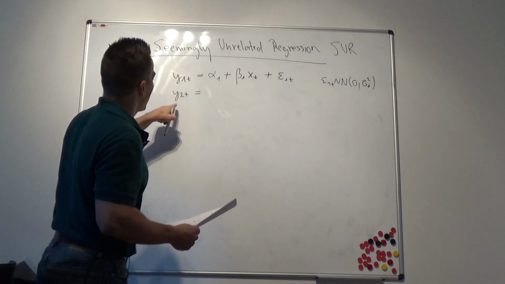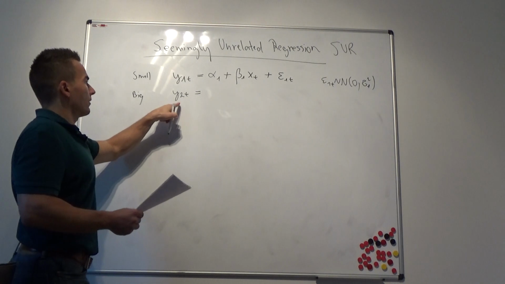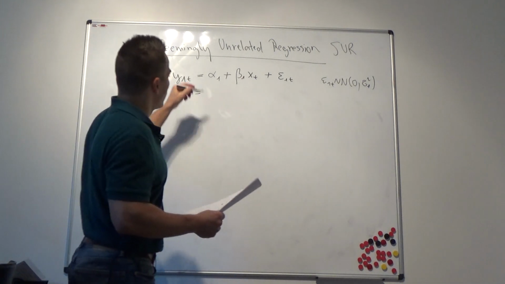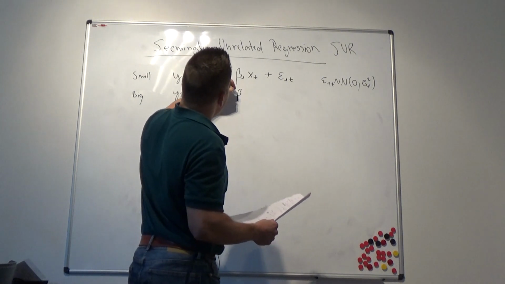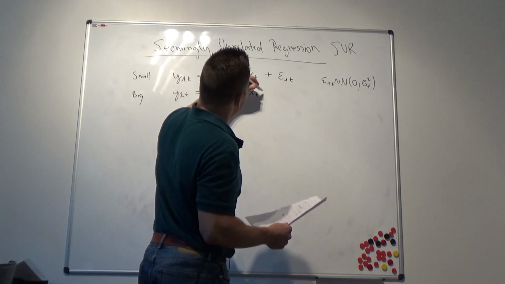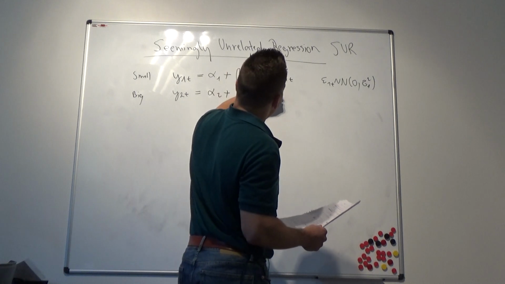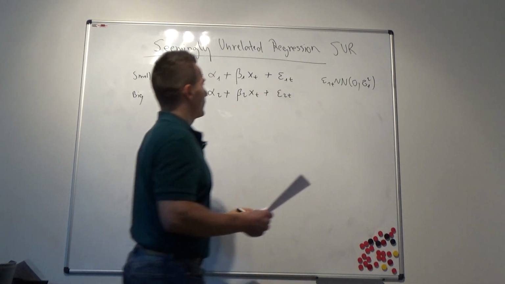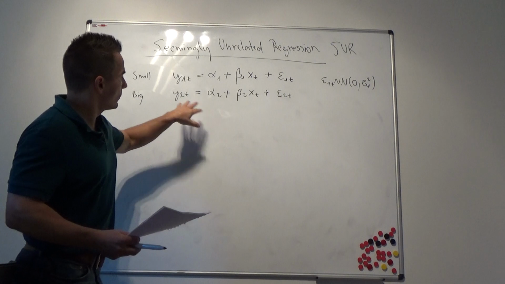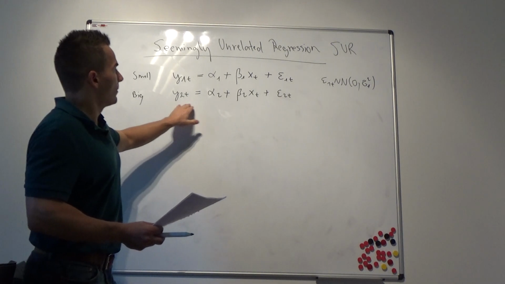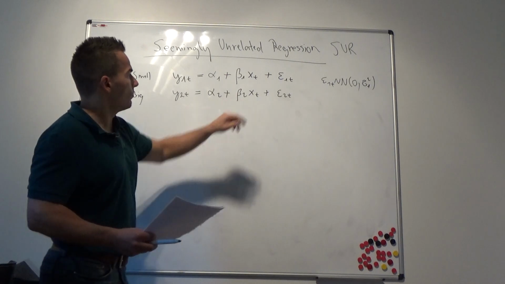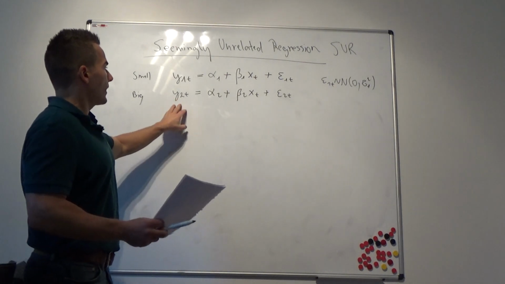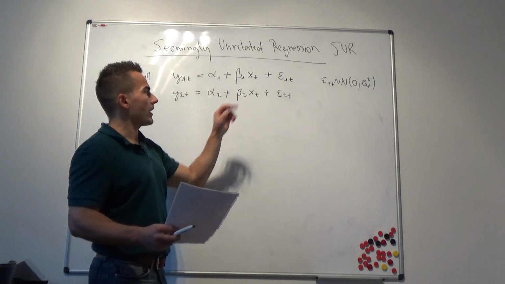y2t, which are the excess returns of the second stock at time t. Then we have here an alpha 2 plus beta 2 times xt plus epsilon 2t. Yeah? So again, this second equation here is a simple regression model, obviously, where beta 2 measures the exposure of the second asset against our market factor.